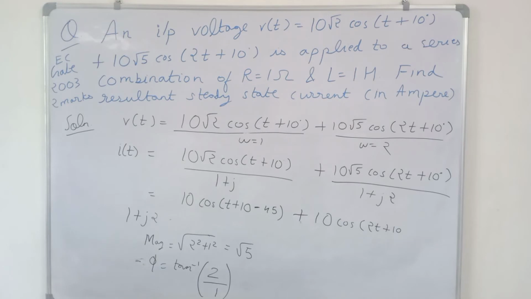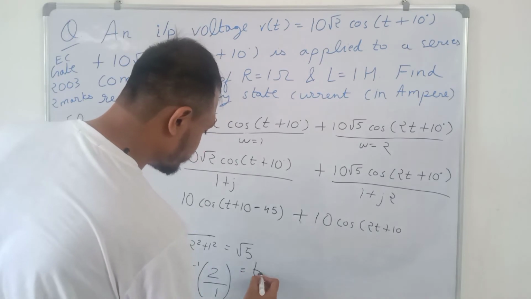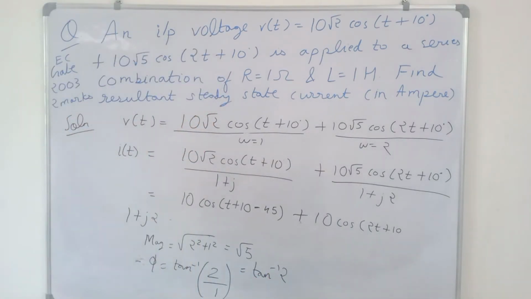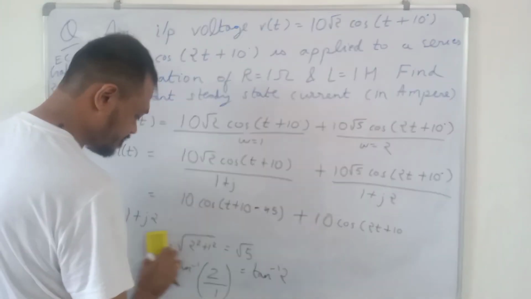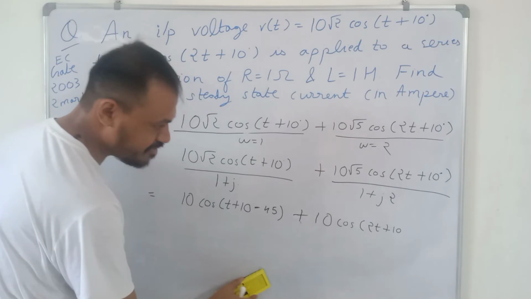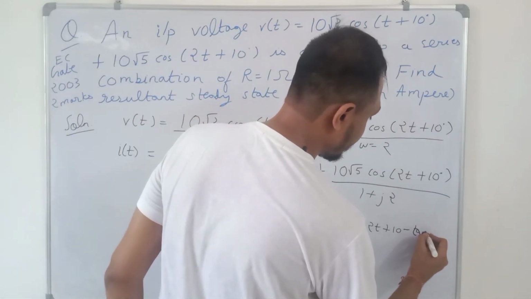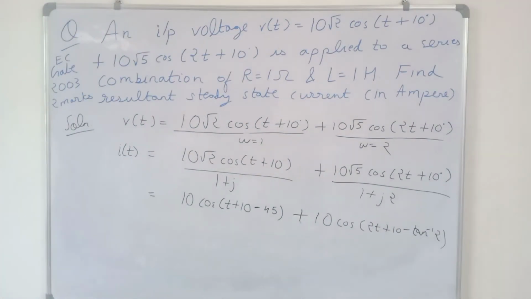Tan inverse of 2 upon 1 we can also write as tan inverse 2. So we can subtract it. So 2t plus 10 minus tan inverse of 2. This will directly get subtracted. So this is the answer.